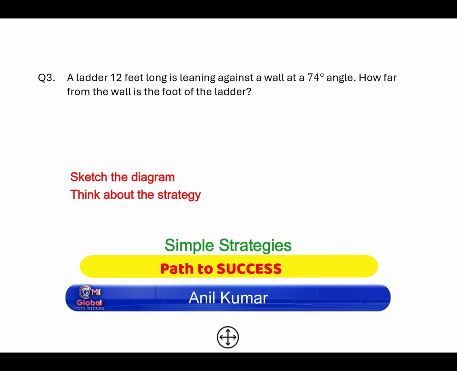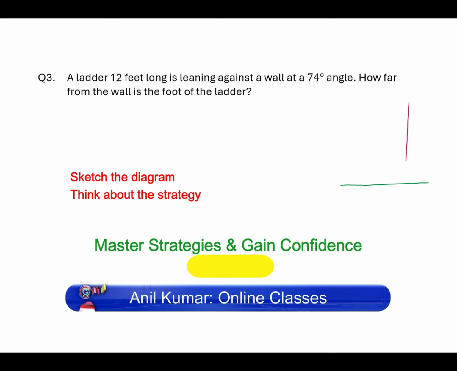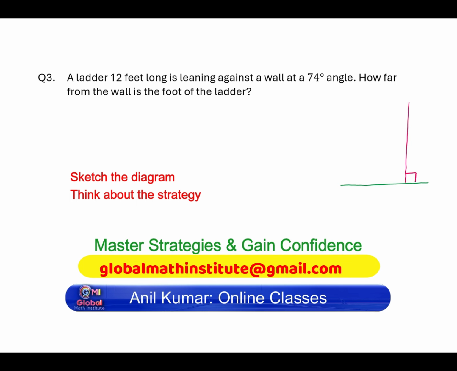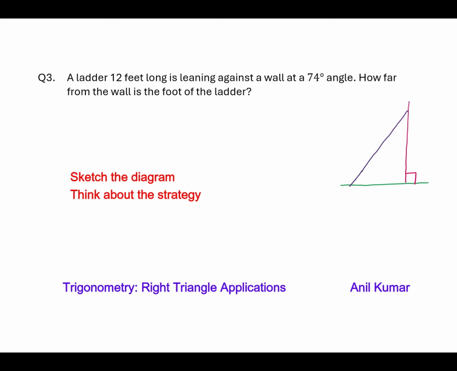So let's say that this is the ground and that's the wall we are talking about, which will be at 90 degrees. Ladder making an angle of 74 degrees is shown here. So this angle is 74 degrees.